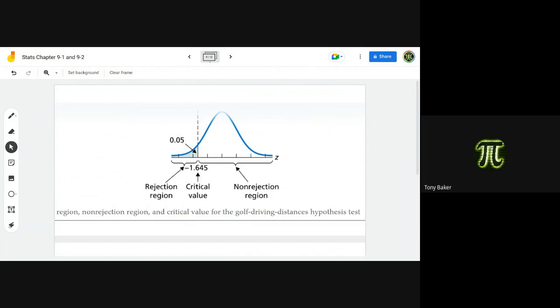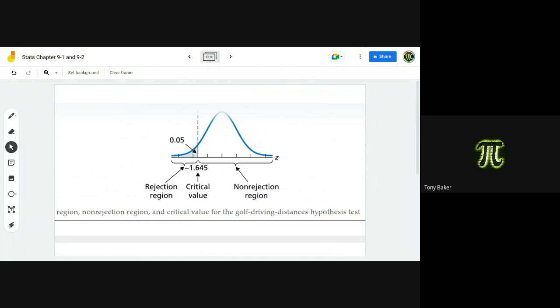And my critical value is basically that Z-score number that we're getting. My critical value changes based on the confidence level that I'm looking at. In this example right here, this is the 95%. And that's where that negative 1.645 came from.